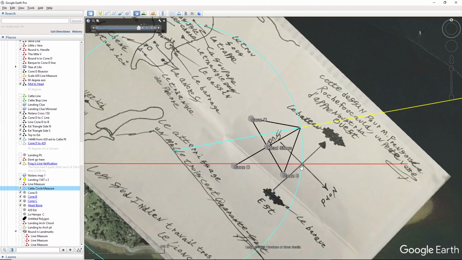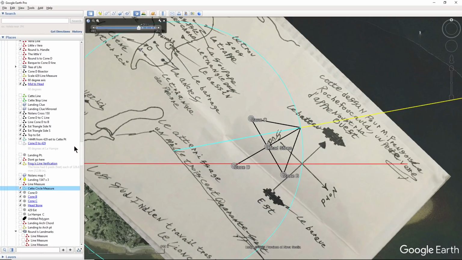So we now have a second geometric positioning technique in order to find that point. And that point is going to be pretty important later when we go further into finding the oak entrance.